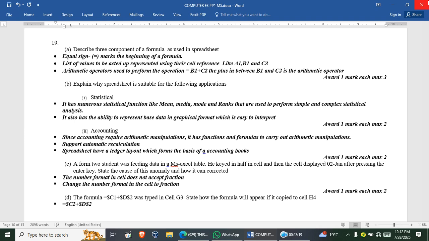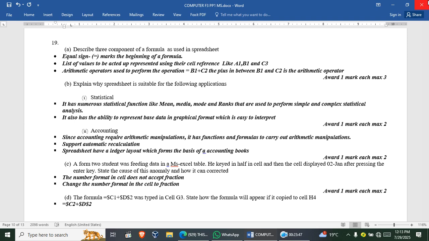You can present your work in graphs, pie charts, column charts, etc. Accounting: since accounting requires arithmetic manipulations, it has functions and formulas to carry out the arithmetic operations. It supports automatic recalculation. When you calculate the first operation in cell 1, you can just drag down. That is autofill.